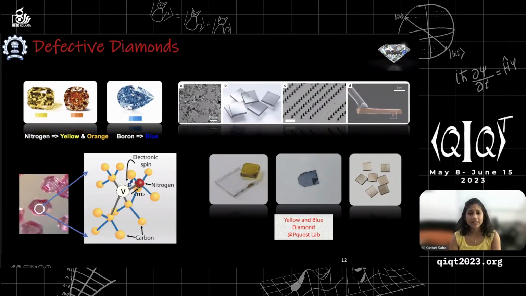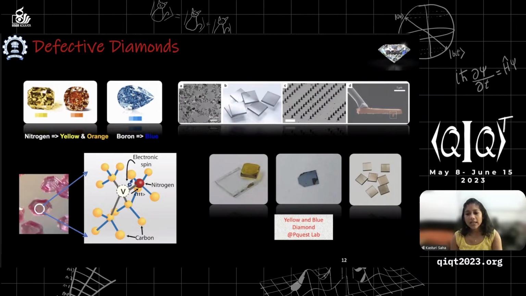It has very interesting electronic structure and properties, which were accidentally found around the 1950s. People knew of several defects in diamond, not just nitrogen, but nitrogen vacancies seem to have a very special place in terms of the electronic structure.